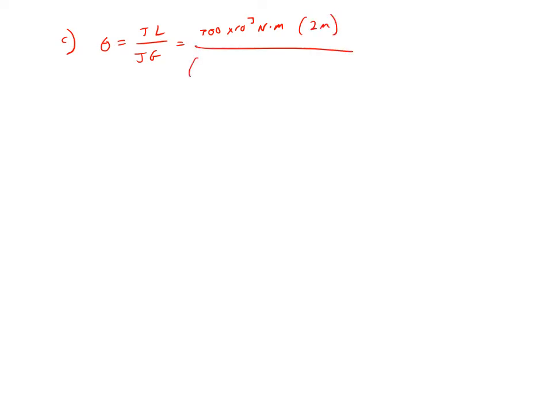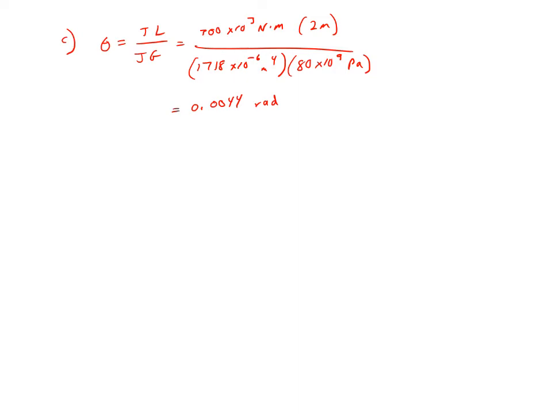We still have the same polar moment of inertia, 1718 times 10 to the minus 6th meters to the fourth. And our G, we were given 80 gigapascals as our shear modulus. So that's 80 times 10 to the 9th pascals. If we do that math, we get 0.0044. And that would be radians, right?